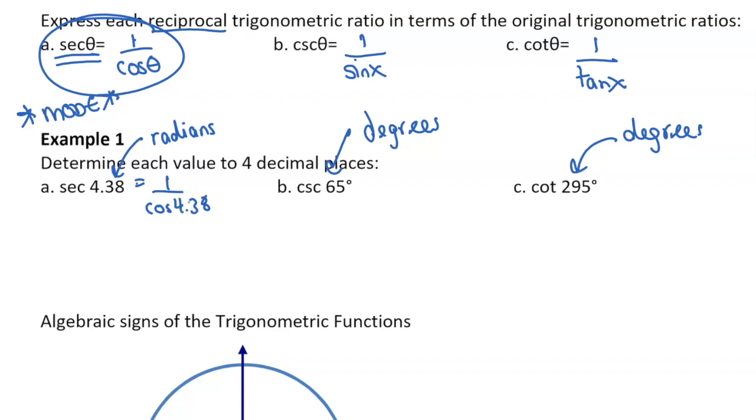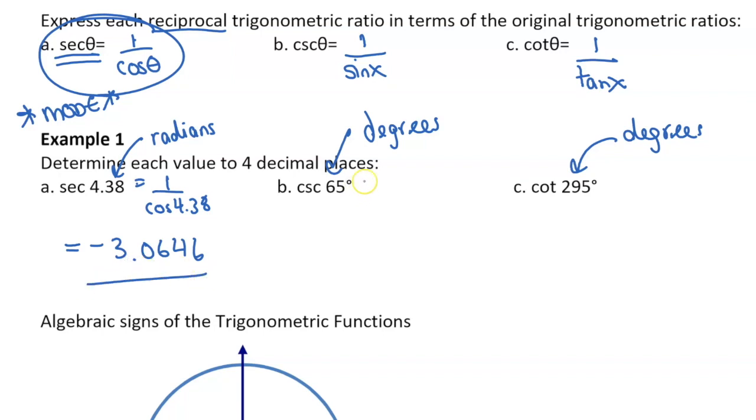So in your calculator, you're going to say 1 divided by cosine 4.38. And you're going to press enter, and you should get an answer of negative 3.0646. Okay, 4 decimal places. If you got something else, then check to make sure that you are in the right mode.